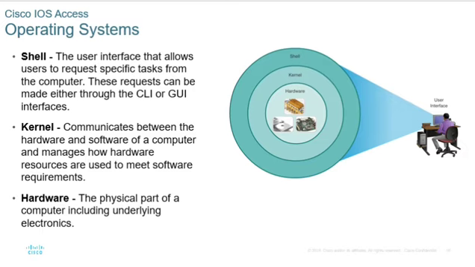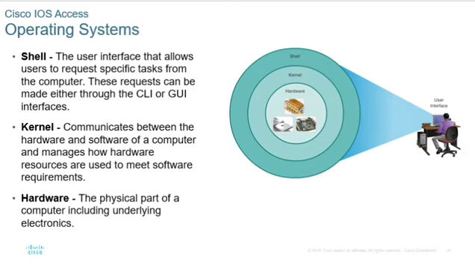A kernel communicates between the hardware and the software. There's a piece of software running on the hardware as part of the operating system. Windows has this, Linux has it, our Cisco devices have it. Pretty much anything else that you run into out there is going to have something called a kernel.